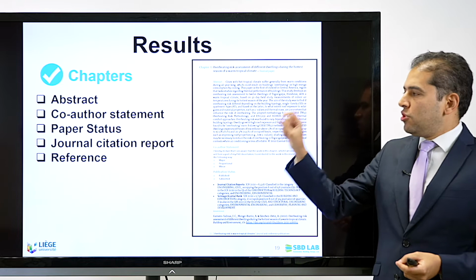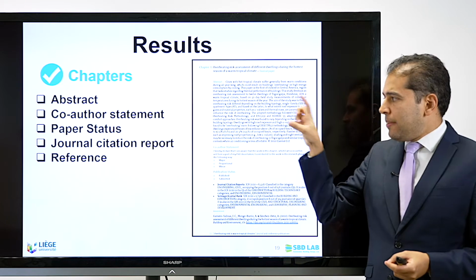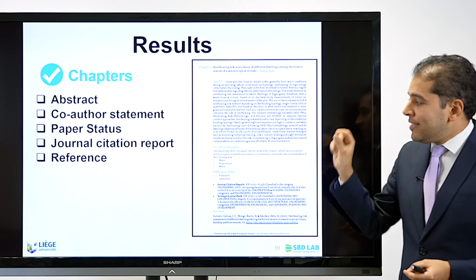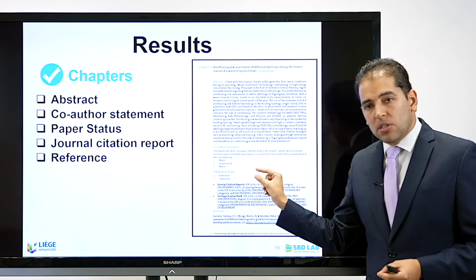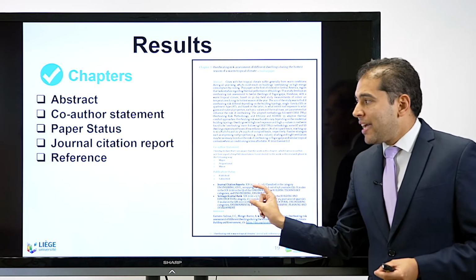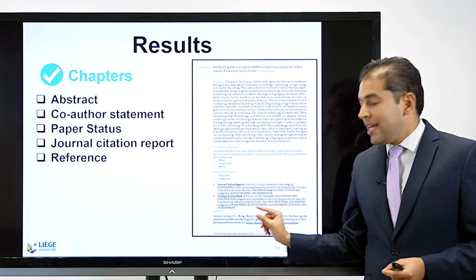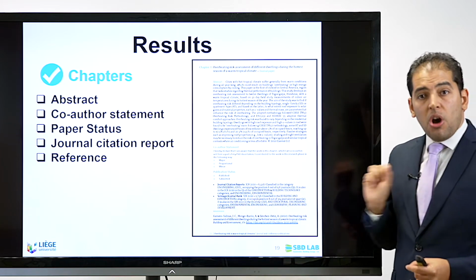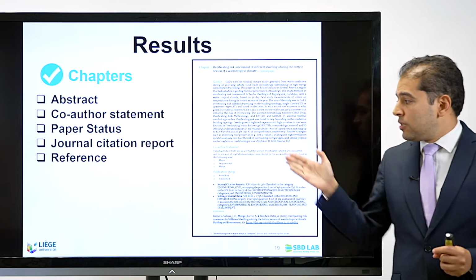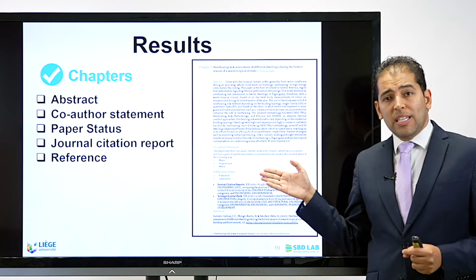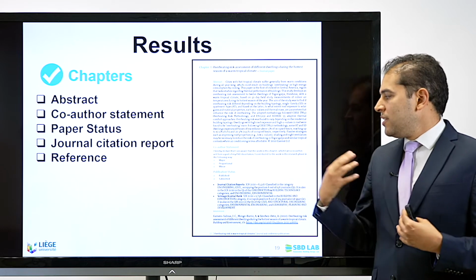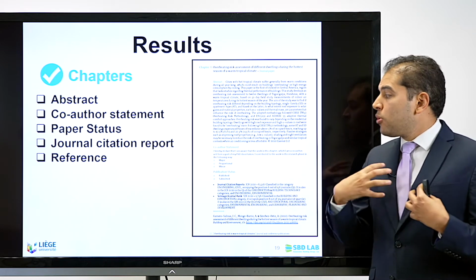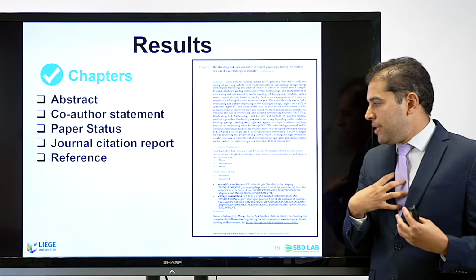In this cover page, you put the article title, the abstract of your article, then you have a co-author statement, then a publication status statement, then you put the ranking or the journal citation report, and then finally the reference of your citation. So allow me to take you through. The co-author statement is a simple statement that says, I hereby declare that I am aware that the work in this chapter, of which I am co-author, will form a part of my PhD dissertation.